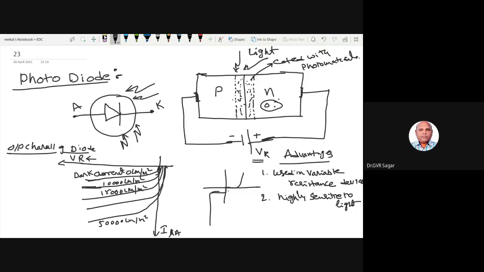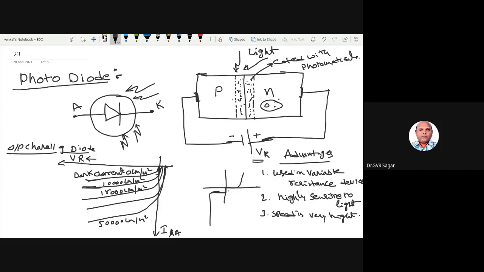The third one, the speed is also very high. So these are the different advantages. You can use it as a variable resistance, and it is highly sensitive to light. Because of this high sensitivity to light, it generates a large amount of reverse current.